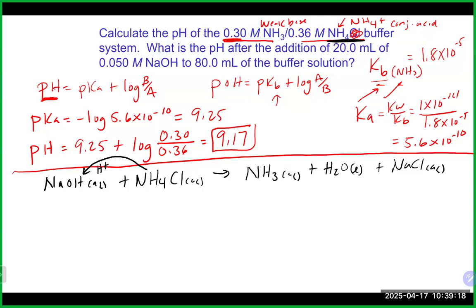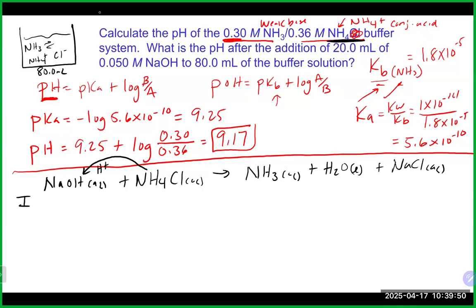Because we are adding, in this case, we definitely want to do everybody in this table in moles to begin with. So we've got to get the moles of everybody. Initially, a reminder that we have our buffer in here, which is our NH3, our NH4 plus, and some Cl minus, and we have 80 milliliters of this.